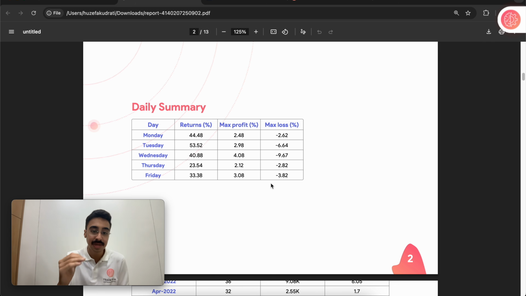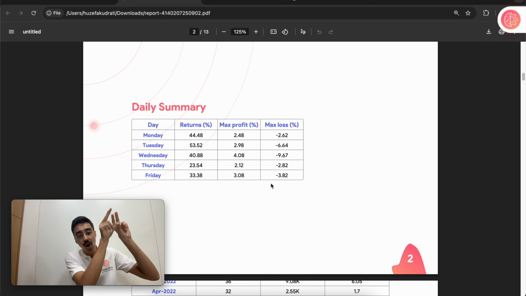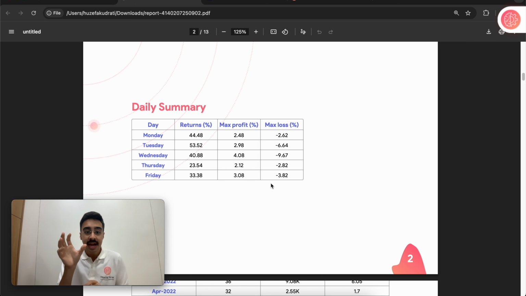For those specific days, it's now looking at all the Mondays in that data set, and it is giving you that on all the Mondays combined, you had basically a 44% return. Similarly, on all Tuesdays, you had a 53% return, and so on. So this is able to give you good data about on each day of the week what kind of return profile your strategy had.